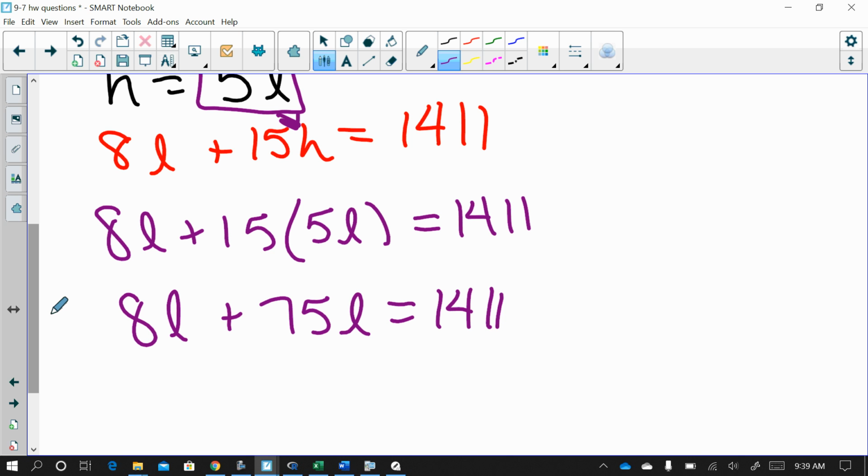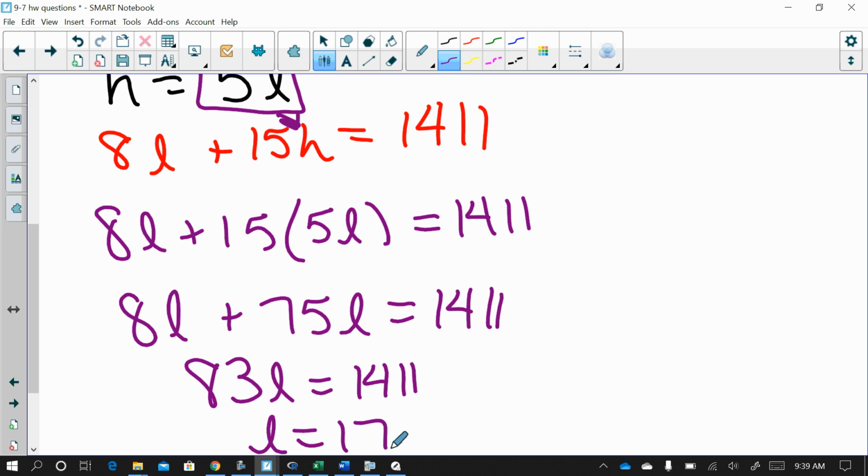So 8 plus 75 gives me 83L. 14.11 divided by 83 gives me L equals 17. So the low ropes cost $17.